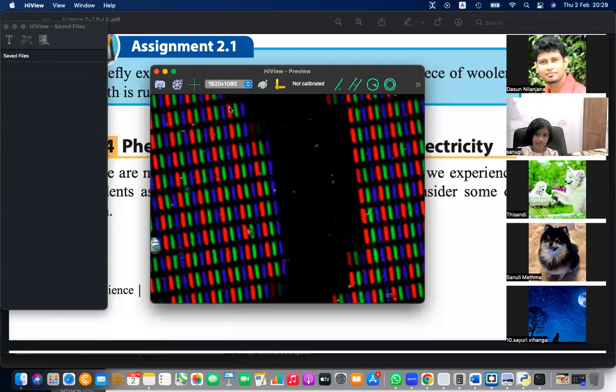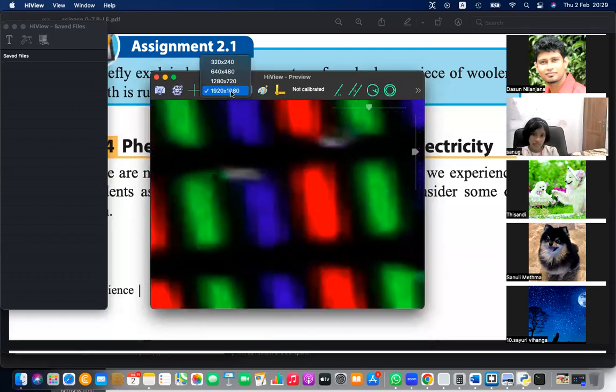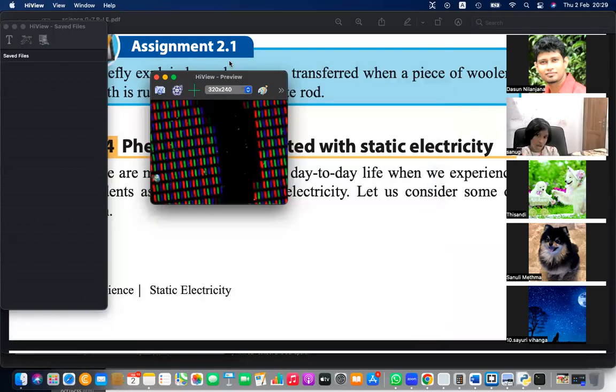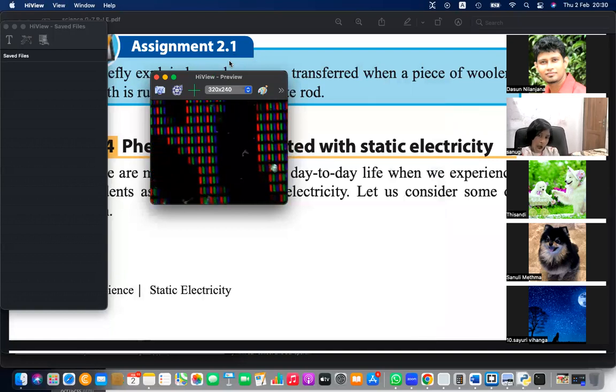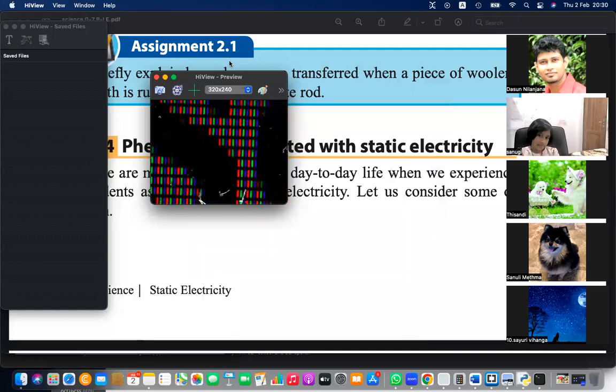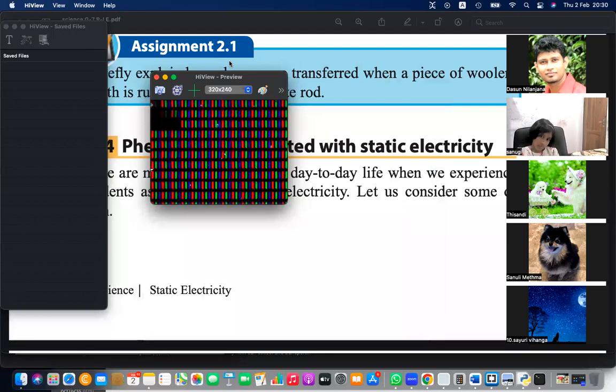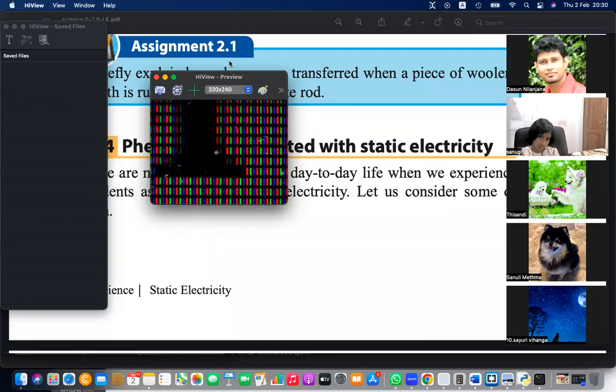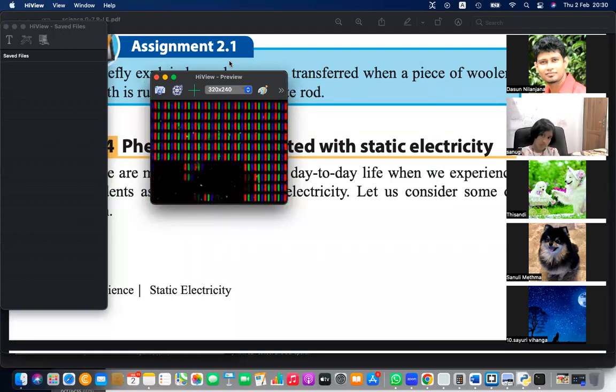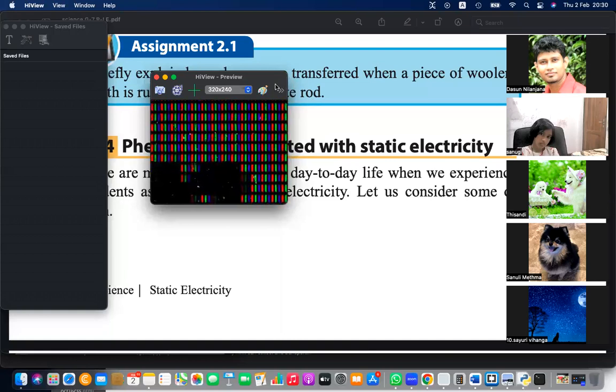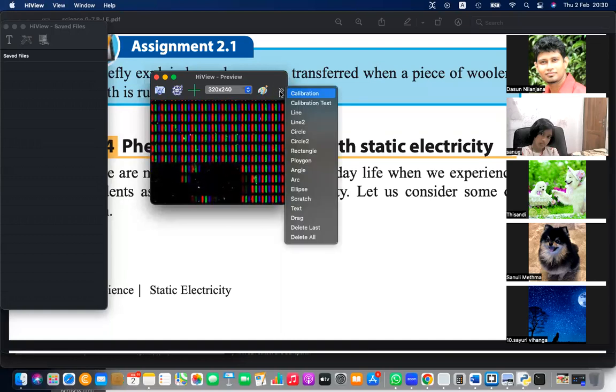Oh, this is too heavy. I think I have reduced the size. Okay, this is letter O, and letter I. Can you see? How are these letters appearing? These letters are appearing by turning the bulbs off. If you turn off the bulb, then these letters will appear.